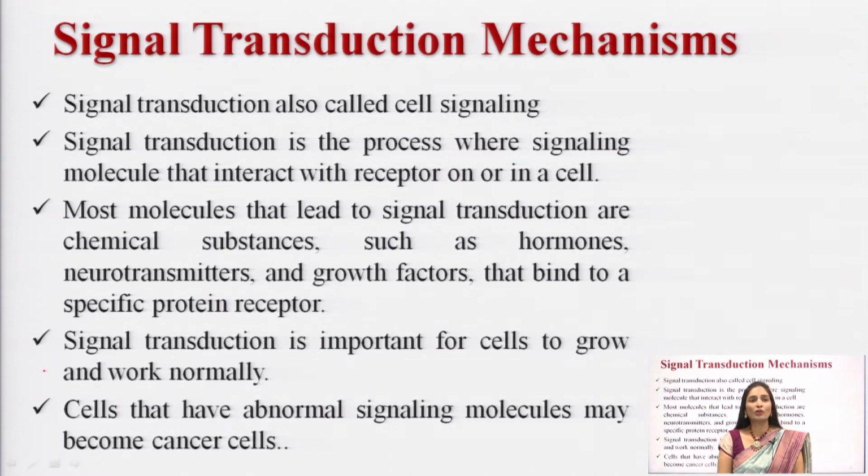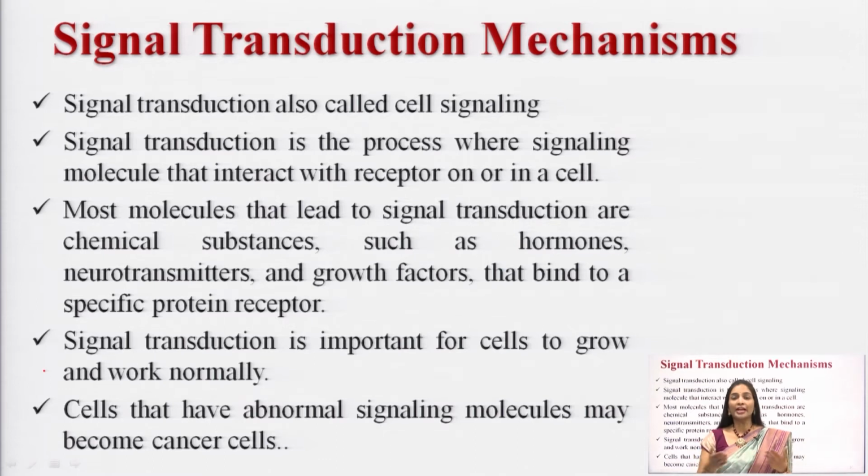Signal transduction is a process where a signal molecule interacts with the receptor inside or outside of a cell. What is the drug doing here? The drug, the ligand, is the signal molecule, and it carries the signal.